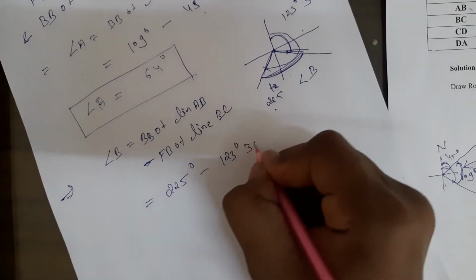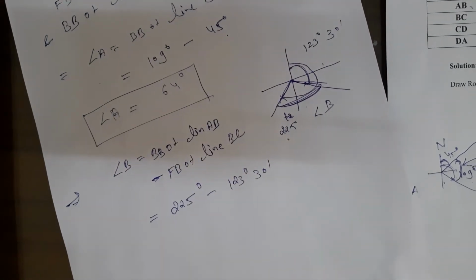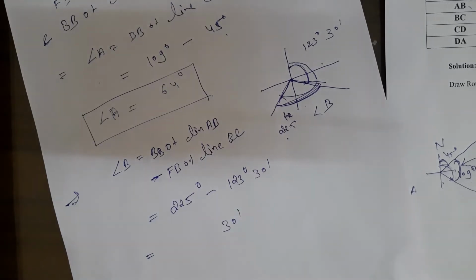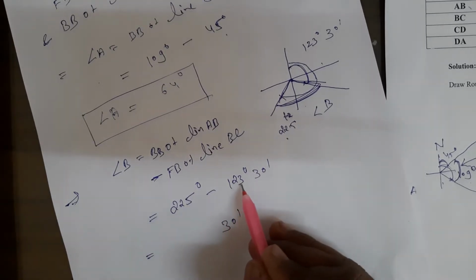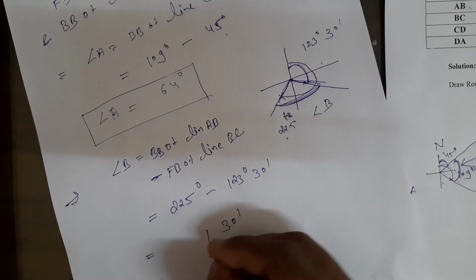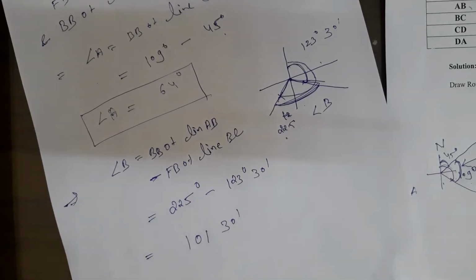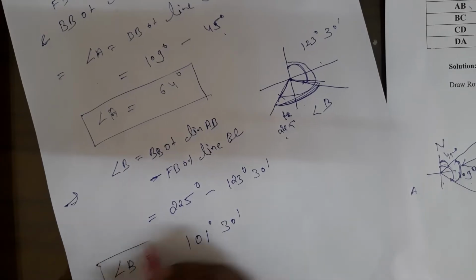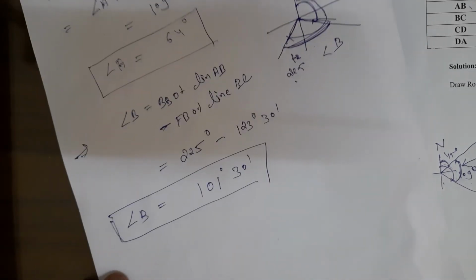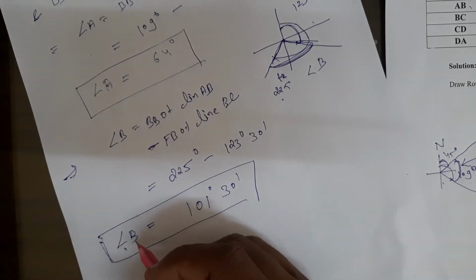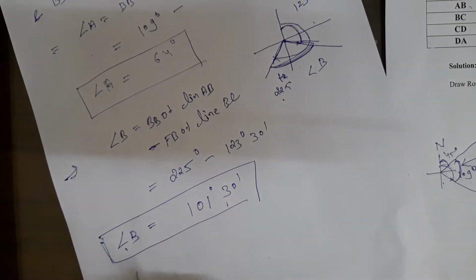Okay, so 101 degree and 30 minutes. This is your angle B. So angle A and angle B are 64 and 101 degree 30 minutes.